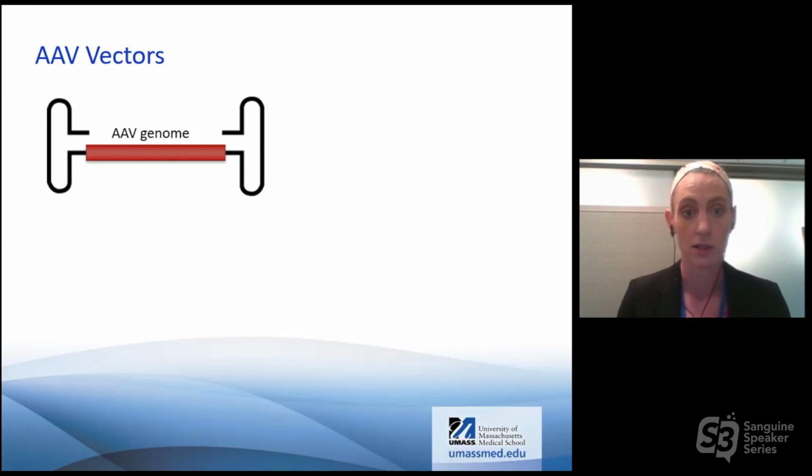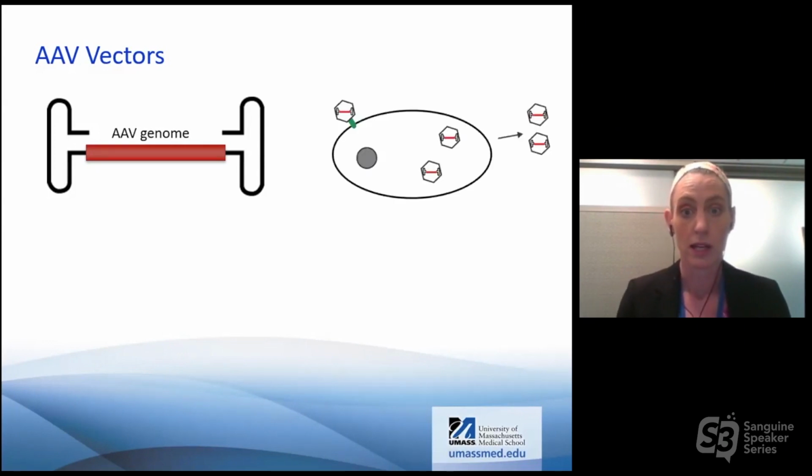It's a small virus. It has a genome of its own, and this genome contains the genes that help it to replicate, make more of itself. And so when it enters into cells, those genes are going to be turned on, it's going to make more of itself, and then be released from the cells.